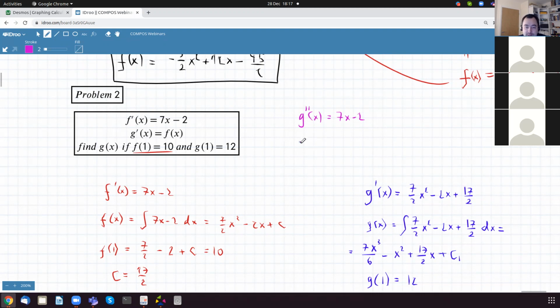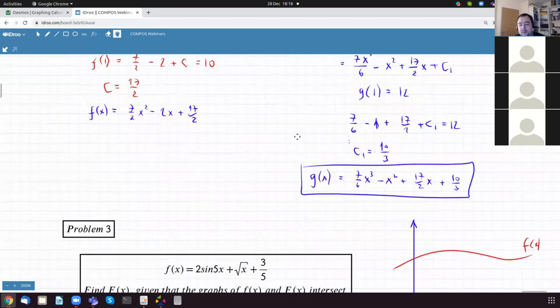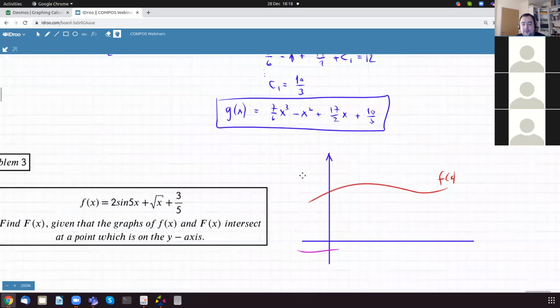You can say g of x is the double integral of 7x minus 2 dx. You could do that. I can't imagine at this moment how the other function looks, but let's say it looks like this.